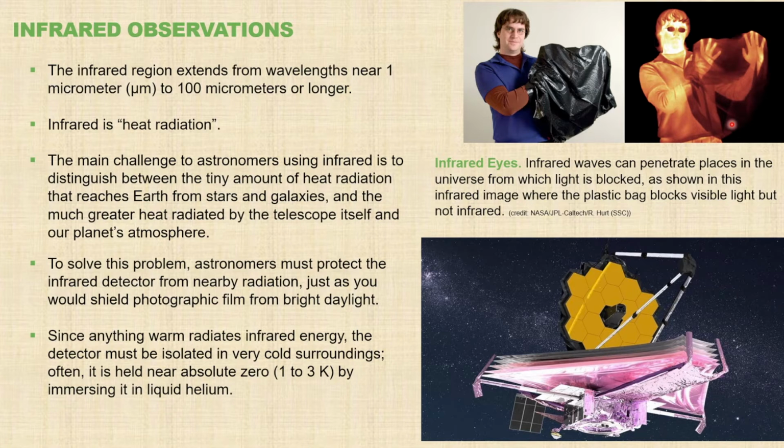We can actually dip it inside liquid helium towards absolute zero temperature, so that it radiates the least amount of infrared radiation. That's like reducing the background noise, the unwanted radiation, and only looking at what you want, which is the infrared radiation coming from a distant source.